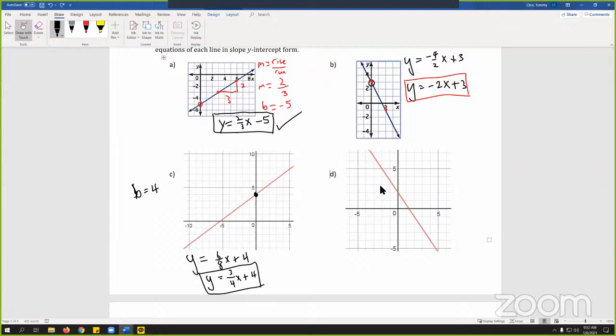So remember your b value, let's talk through this one now.